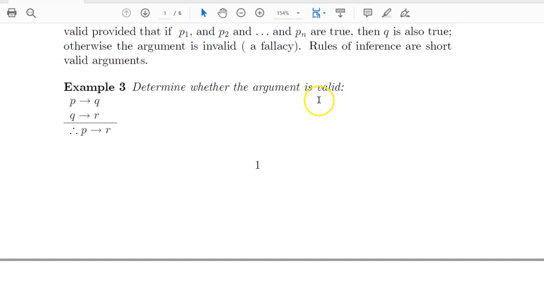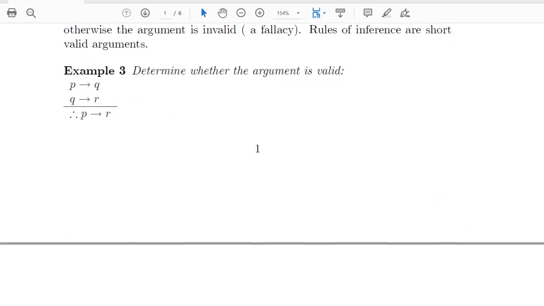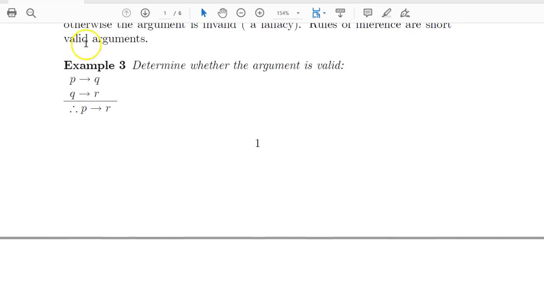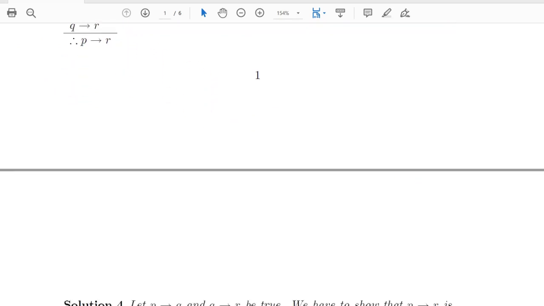Determine if this argument form is valid. If P then Q, if Q then R, and therefore if P then R. Instead of building a table which should have 8 rows, because we have 3 propositional variables, P, Q, and R, we can argue this way.